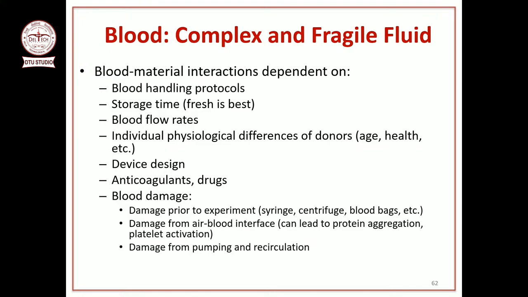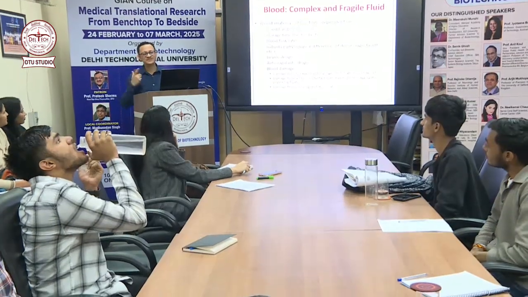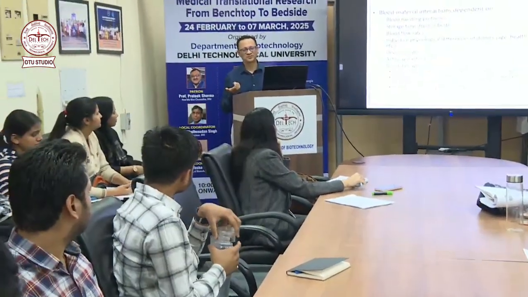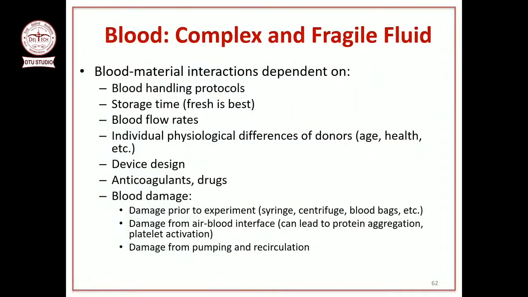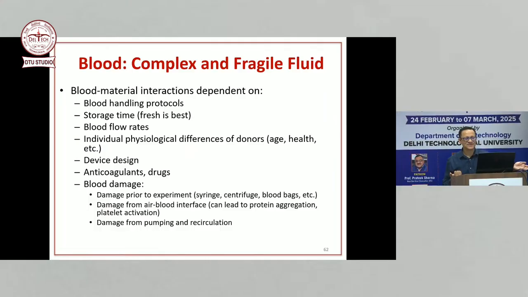Anticoagulant. I add anticoagulant. But now if my blood has anticoagulant and I'm testing my control material and my material, we would never get the real result. So sometimes we reverse the effect of the anticoagulant also. But now the problem is, on the control the clotting may happen really fast, while on your main surface you run for an hour.